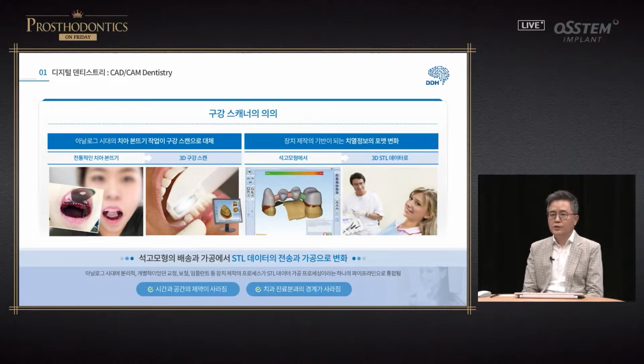So, the first step in digital dentistry is oral scanner. I believe oral scanner has helped usher in an era of digital dentistry. In the past, dentition information was stuck in plaster model.